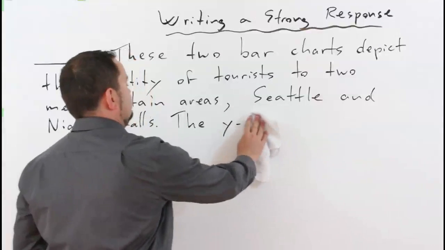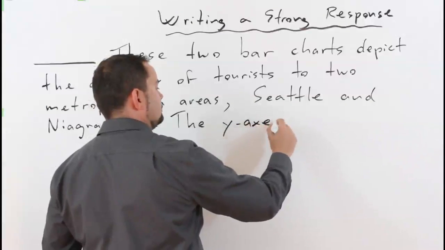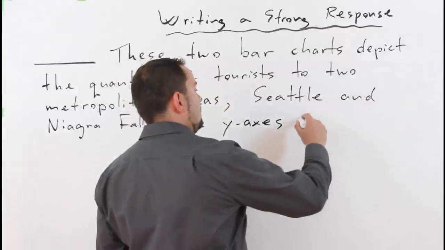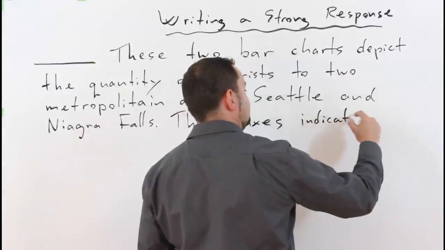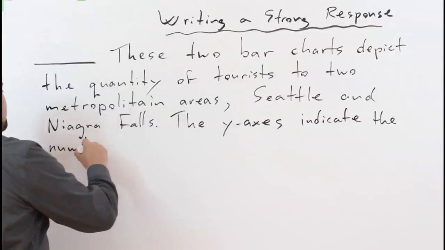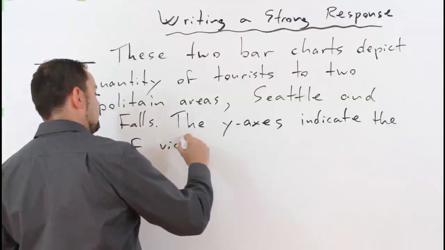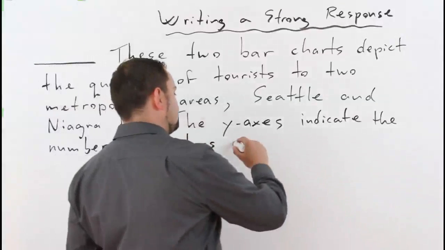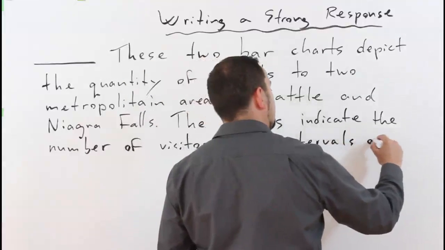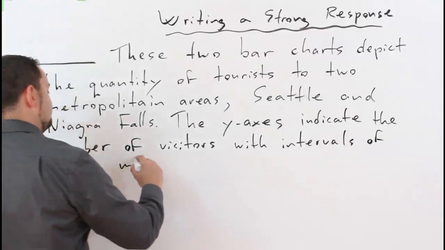So the y-axes indicate the number of visitors with intervals of 500,000.